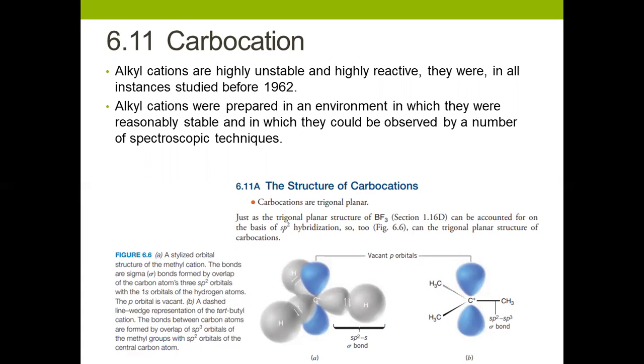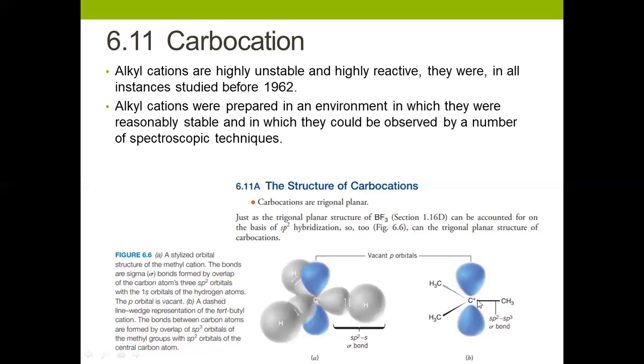But in this case, it uses the sp2 hybrid orbitals, so it assumes the shape which is trigonal planar. Since it utilizes only sp2, there is one unhybridized p orbital that is not used to form the hybrid orbitals. So one p orbital is unutilized, and this orbital is vacant.